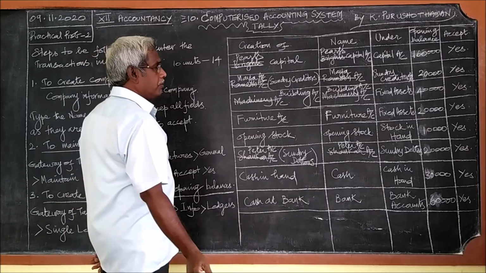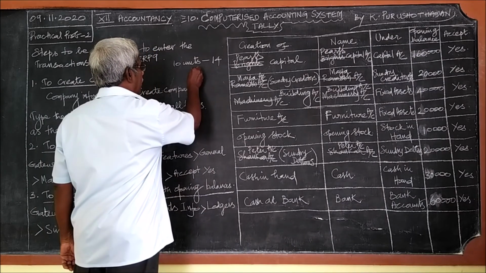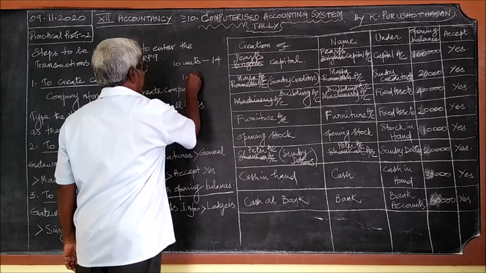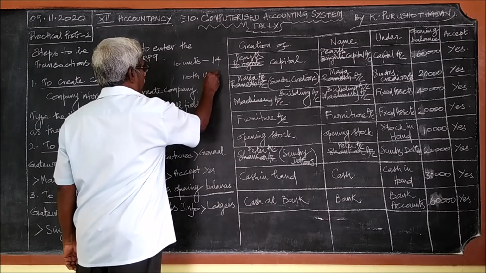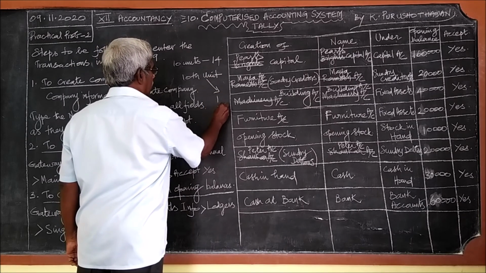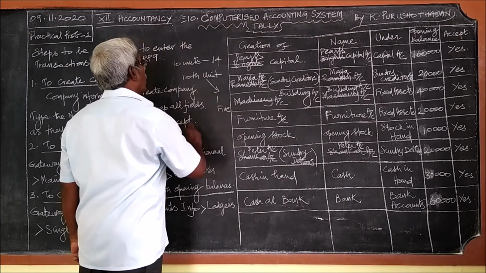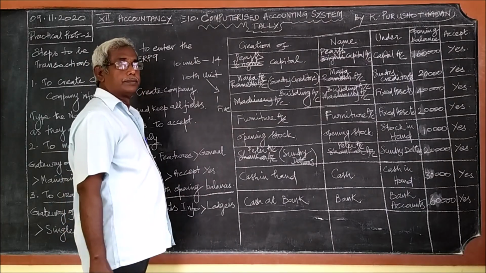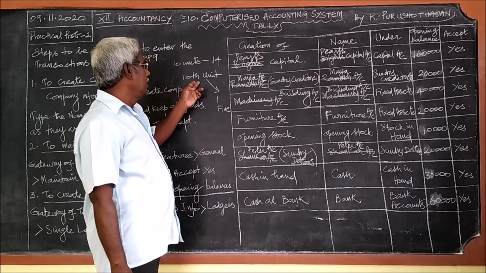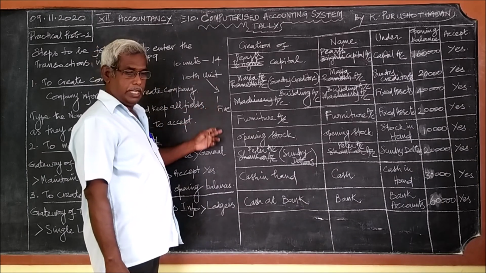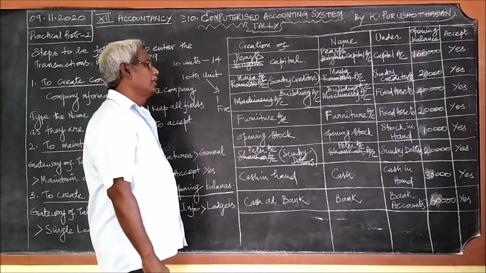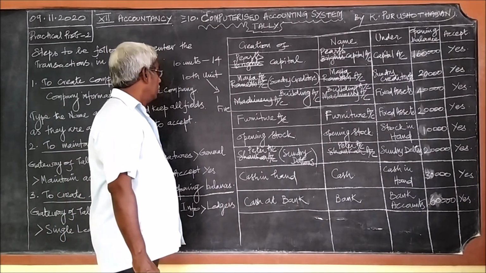And definitely from this 10th unit, there will be one 5-mark question. So, 10th unit, one 5-mark question, and the possibility is from these two types of problems. So, prepare well and do well.